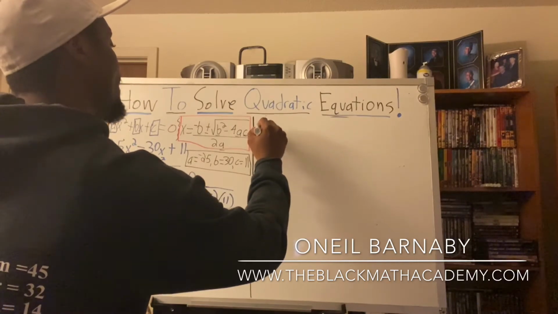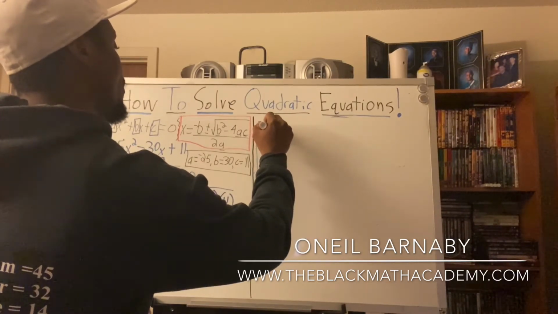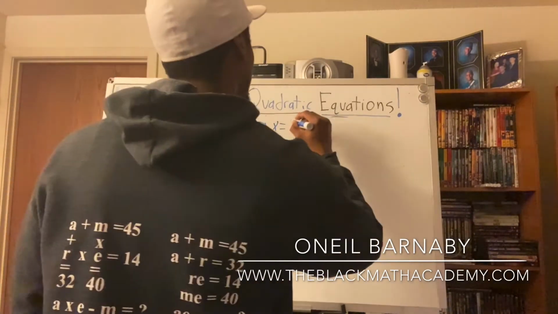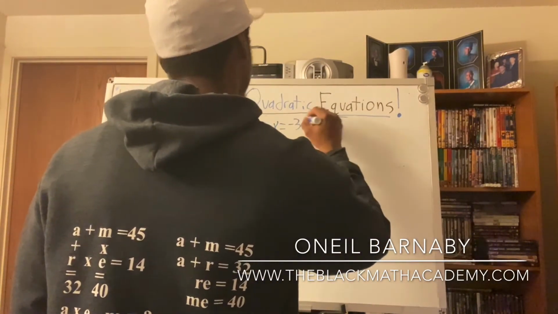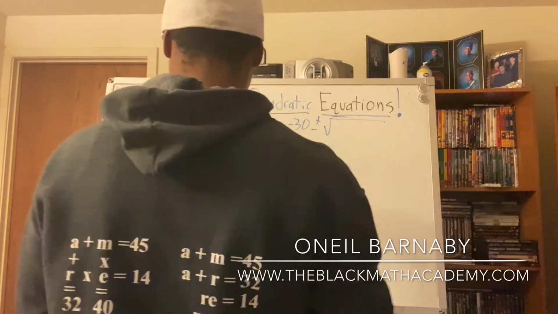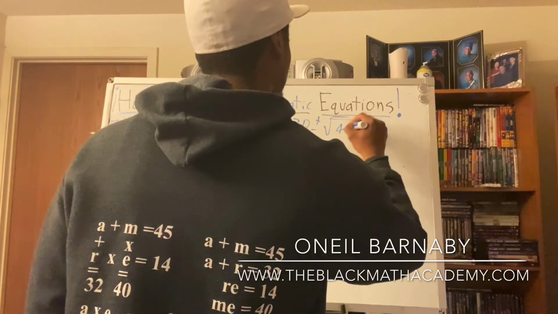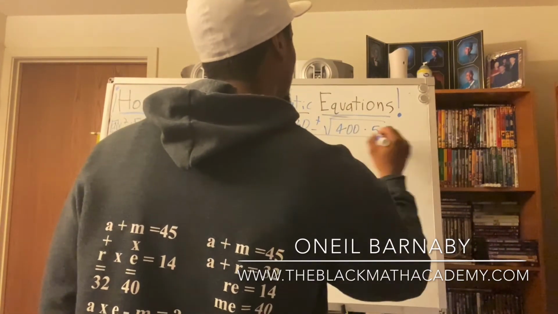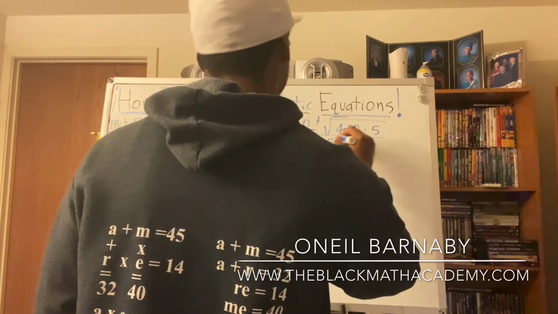So this would be x equals negative 30 plus or minus the square root of 400 times 5, all over negative 50.